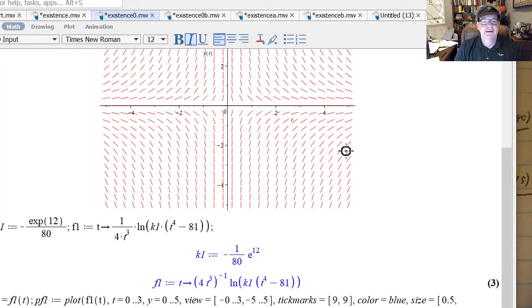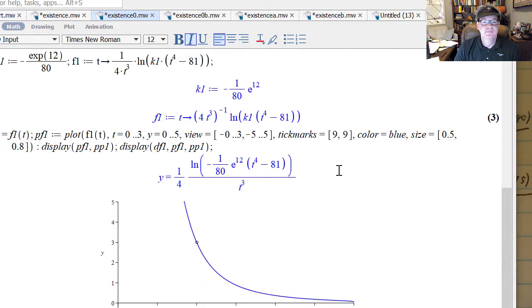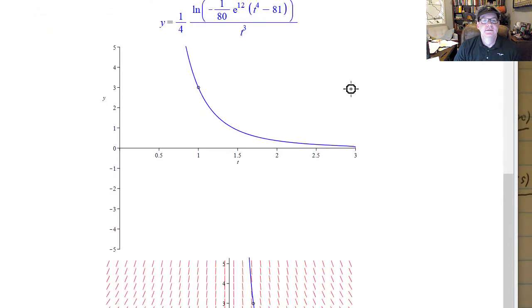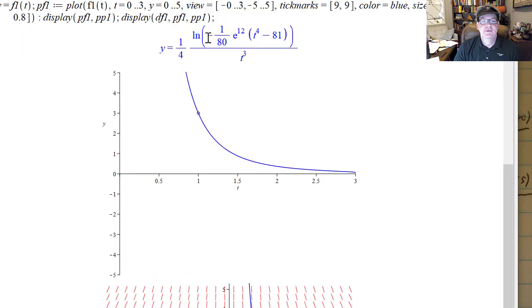Here's my constant to make my function. So there it is. Let's put this up a little. So there's the graph of the function that goes through 1, 3. Again, it goes to 3 and kind of stops. Goes up here. It does go to plus infinity.